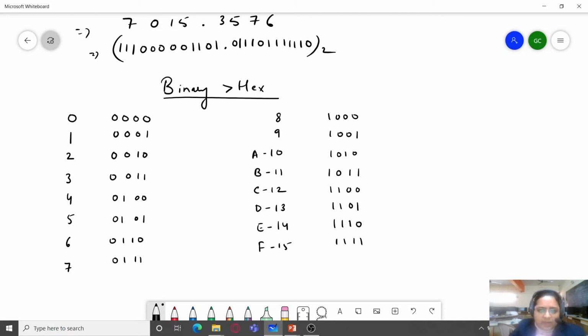Every hexadecimal digit corresponds to 4 binary digits. So a huge binary number can be shrunken considerably using hexadecimal conversion.